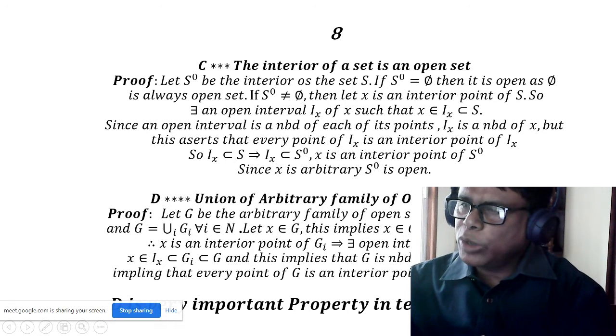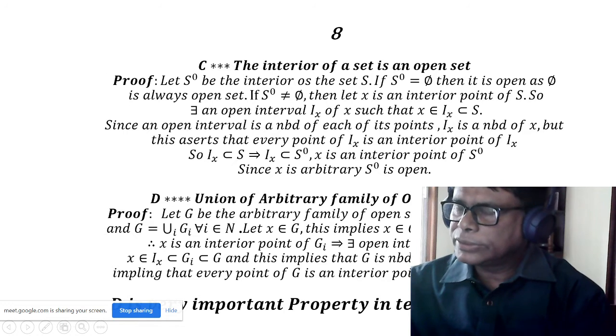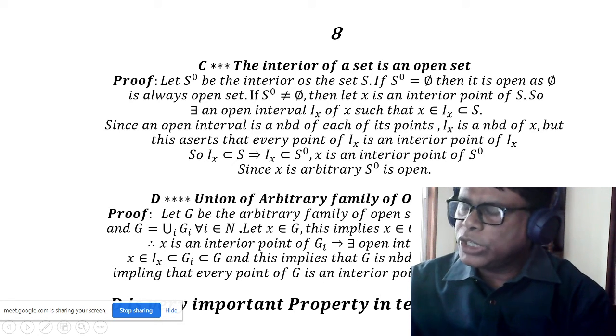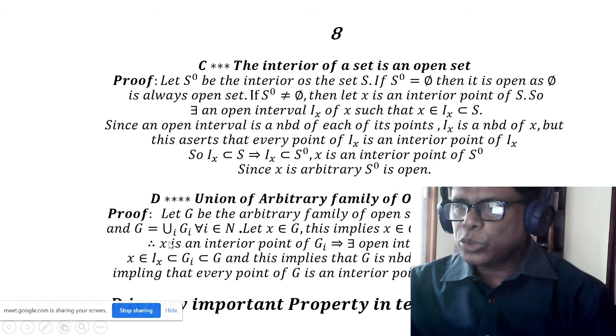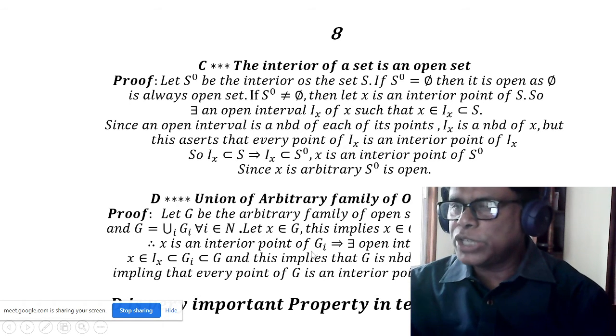Now let X belong to G. Then X belongs to Gi for some i. So any Gi is contained in G. G is the larger set and Gi is the smaller set. This implies that X is an interior point of Gi.